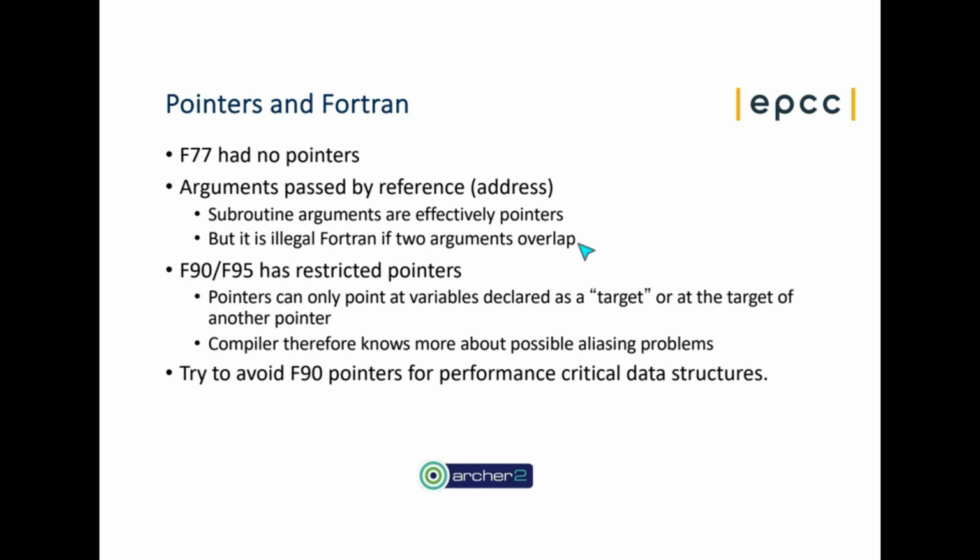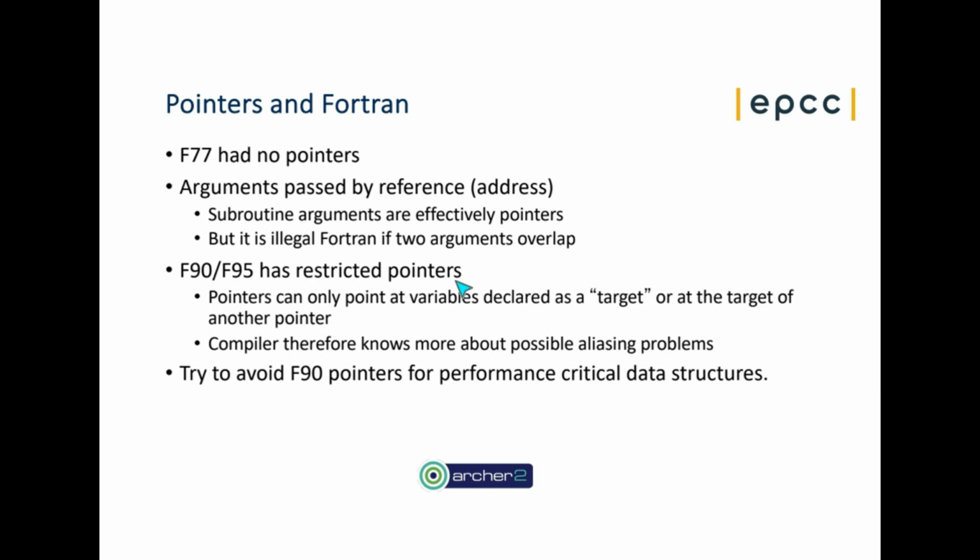But it's illegal Fortran if two of your arguments overlap. You're not allowed to have two arguments to a subroutine reference the same memory address. The compiler will assume that you're not doing that because it's illegal. So that's why Fortran can avoid that problem. It just bans it in the language.